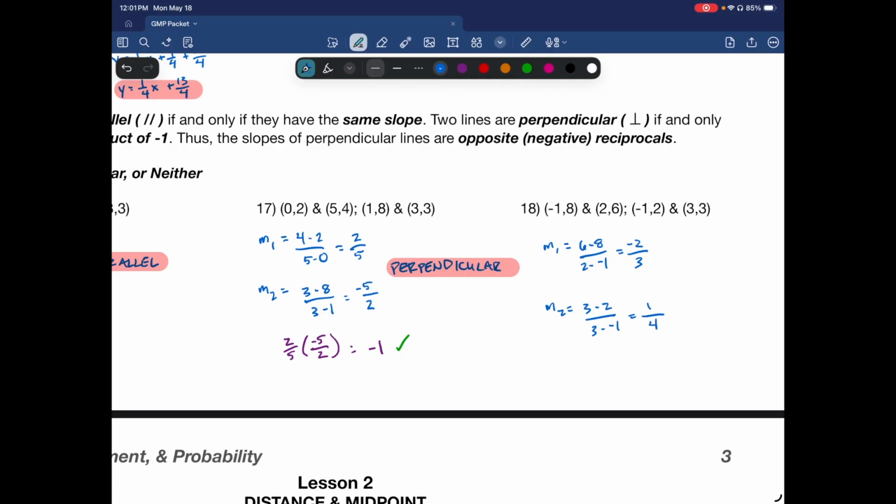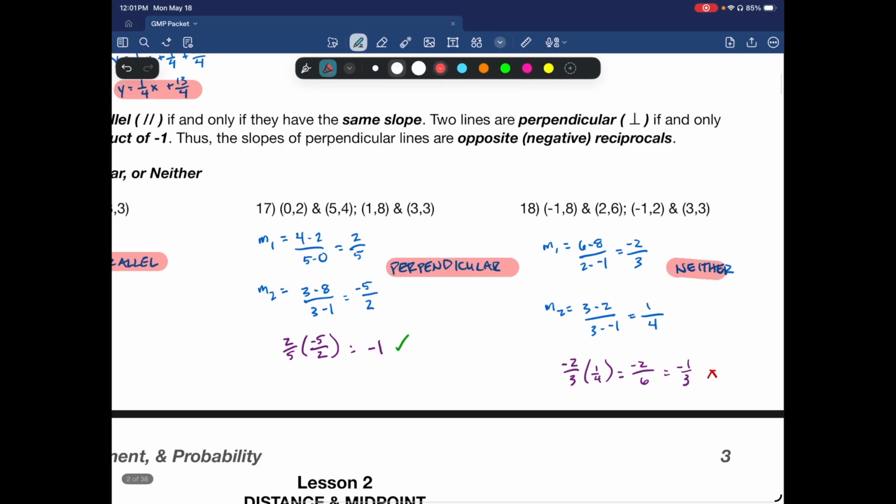These are clearly not the same. All right, so let's check the product. All right, so you got -2/3 times 1/4. That's going to give you a product of -2 over 12, which reduces to -1/6. All right, that is not -1. So this is not parallel and it's not perpendicular. So we call that neither.